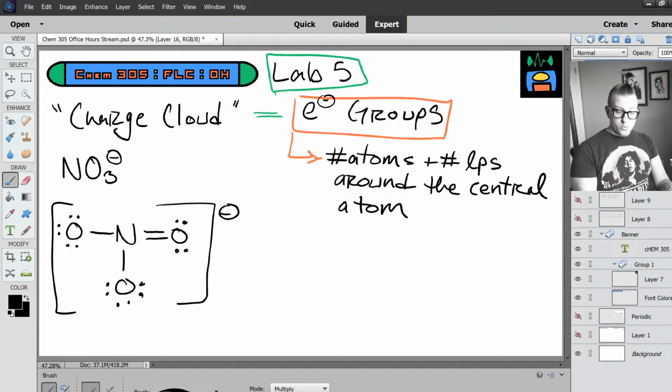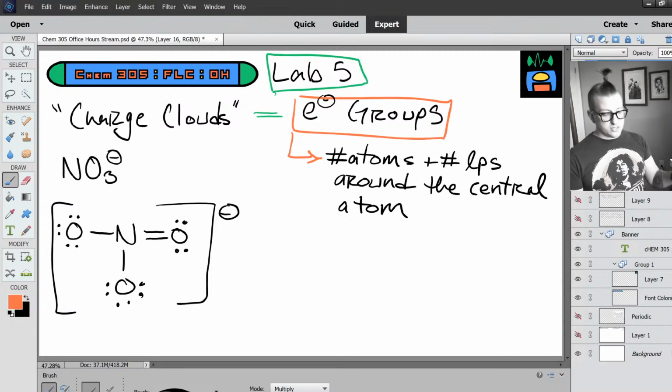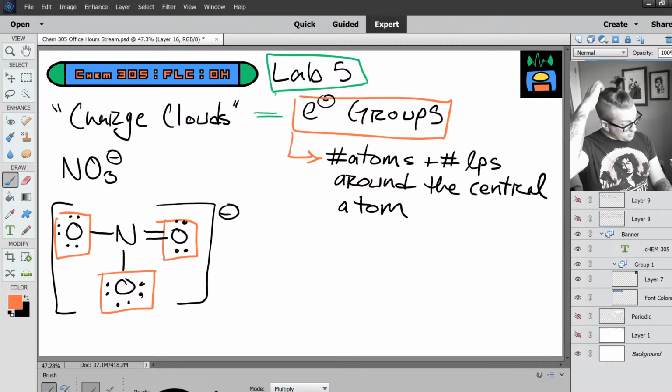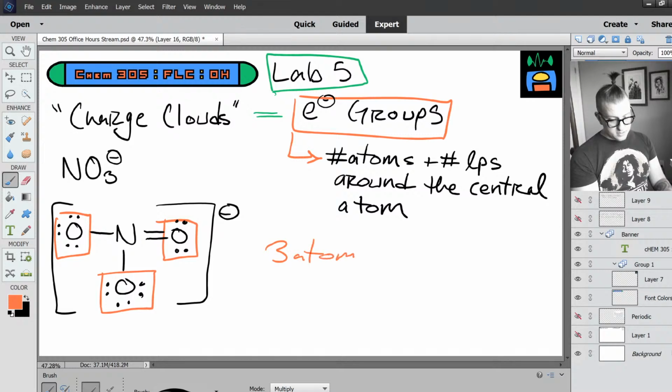All right, so when we talk about the number of charge clouds or electron groups in NO3, there's a charge outside, there's a bracket, but that doesn't change what you have to do. You have to look at how many groups are around your central atom. And here, in this Lewis structure, there are 3 atoms. There are 0 lone pairs around the central atom.